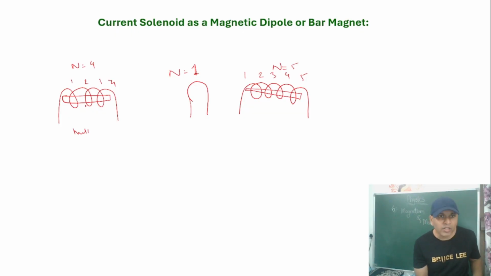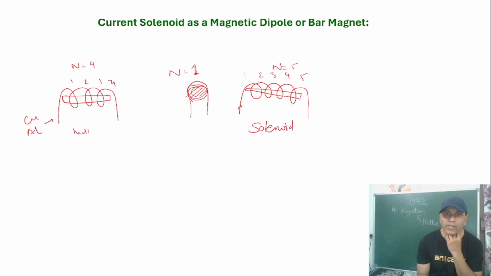The coils might be made of copper, aluminum, whatever, but these are the wire coils rotating around some non-metal. Inside is some cross-sectional area of something maybe plastic, which is non-conductive, and around this you are rotating these loops. So this is called a solenoid.